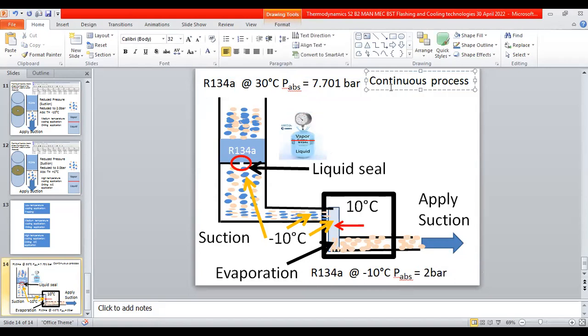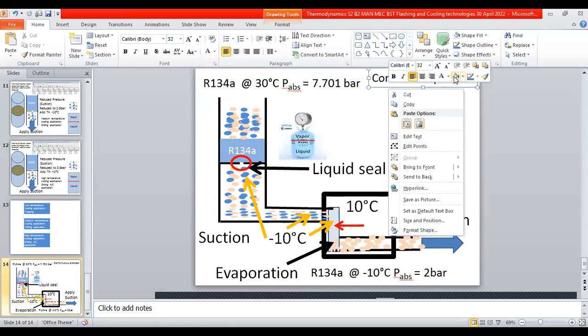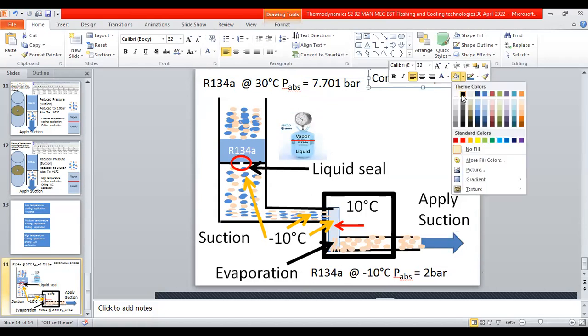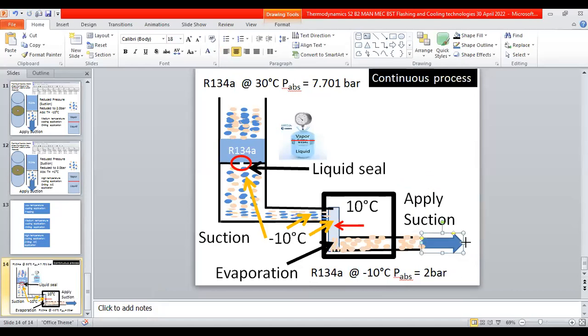So for a continuous process, to have suction here.